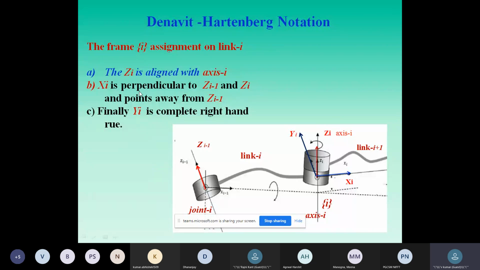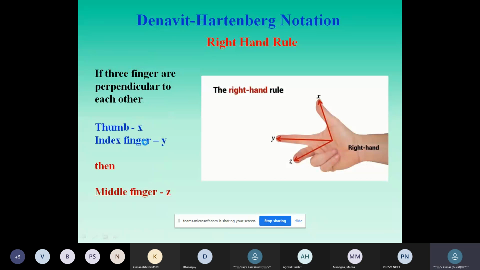Then xi will be perpendicular to zi. Here zi, and in the previous joint there is the zi minus 1 axis. So xi depends on zi and zi minus 1 axes, and it is perpendicular to zi minus 1 and zi and away from zi minus 1.